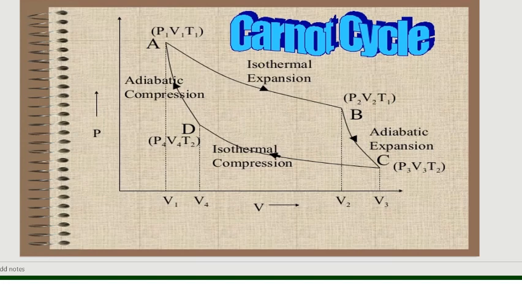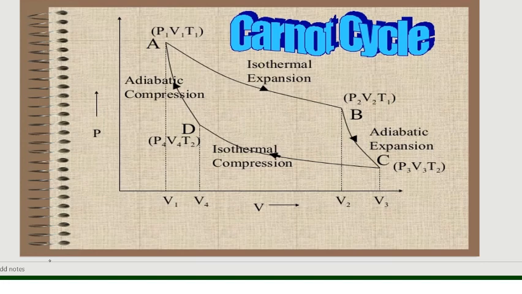Next, we remove the cylinder from the sink and place it again on the insulating stand where it undergoes adiabatic compression. So the DA curve indicates the adiabatic compression. Here we see that the pressure increases from P4 to P1, volume decreases from V4 to V1, and temperature increases from T2 to T1.